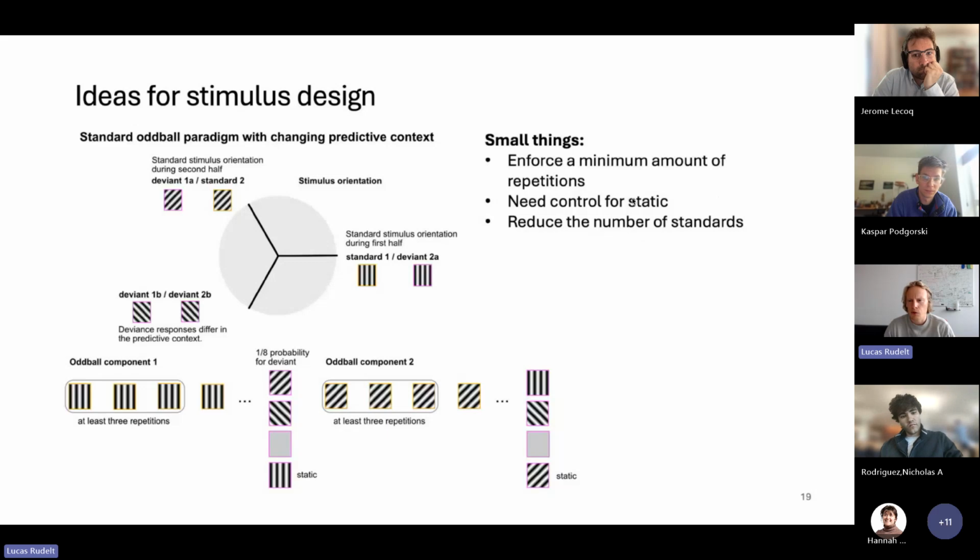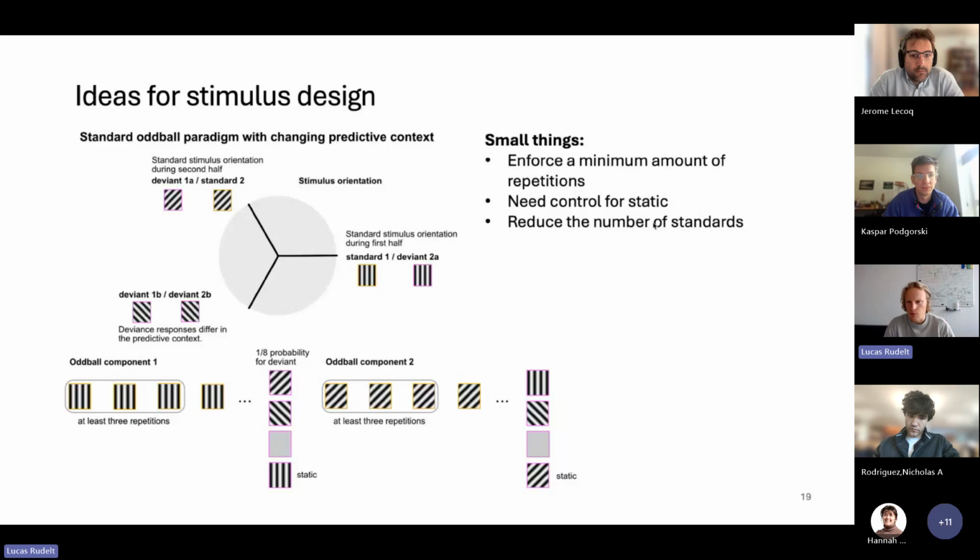Yeah, the control for static is a thing. I don't know if we need a proper orientation tuning block in addition to the direction tuning block. We just show static gratings to have a neutral stimulus there, so to speak.